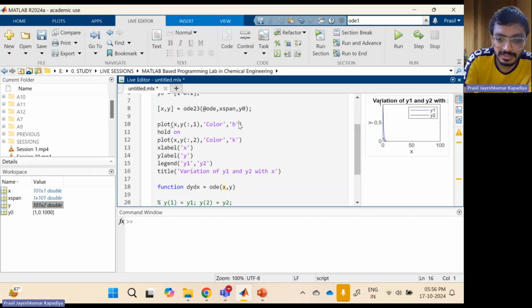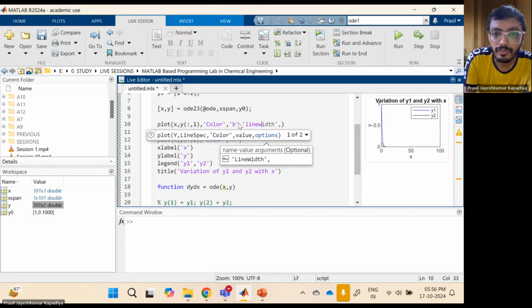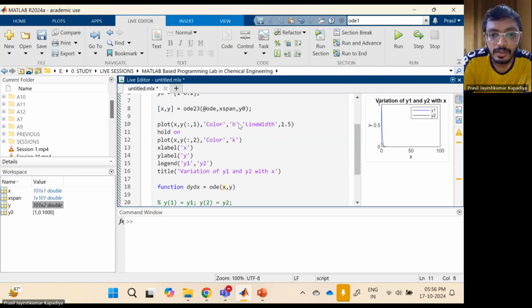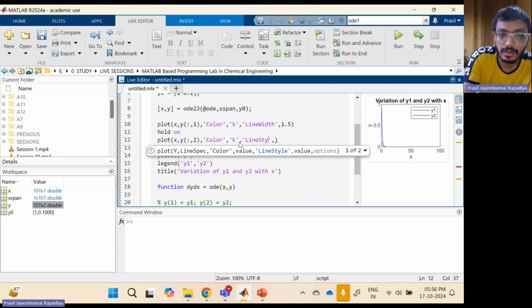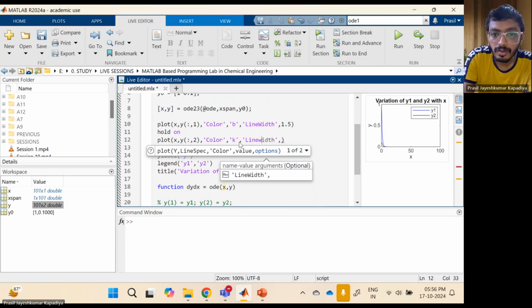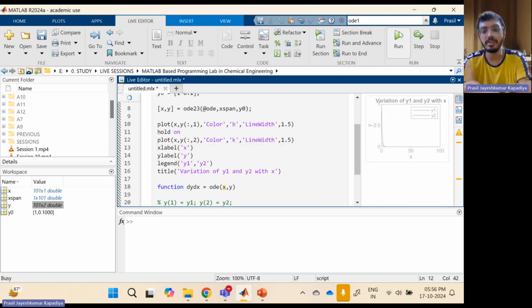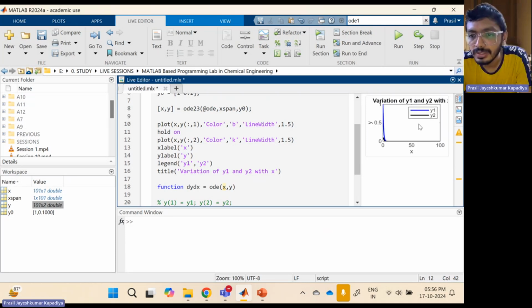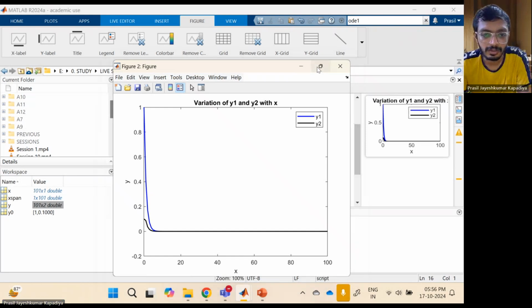We can also change the line width. So let's say line width is, let's say 1.5. Similarly here also line width is 1.5. So this is how you can change the appearance of your plot. So see, it is quite thick.